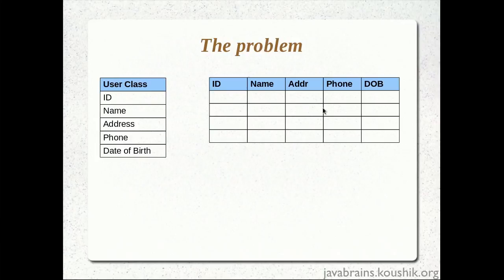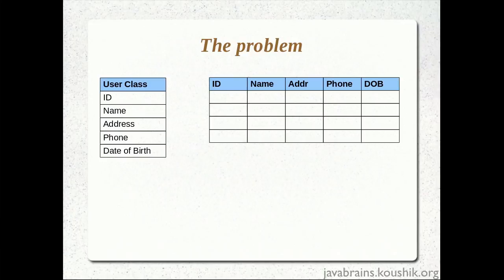So this is something that we have been doing over the years. What we normally do in a Java application is use a JDBC connection, connect to the database, and then take this user object. Let's say I want to persist user object 1.